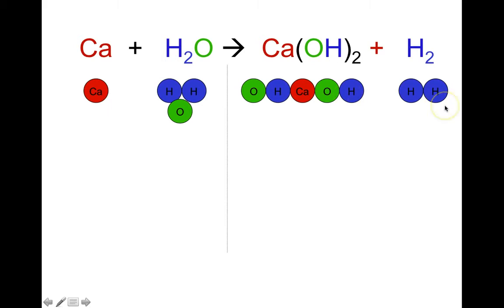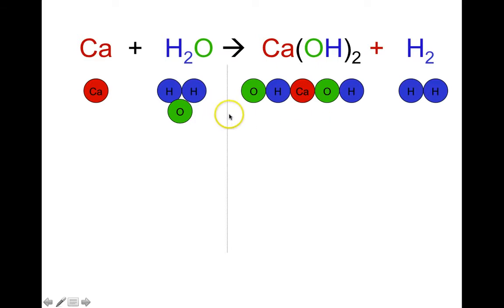So remember, the only thing I can do is add more of something. And I can't add anything except these four options here. I could add more calcium, I could add more water, I could add more calcium hydroxide, or I could add more hydrogen. And by hydrogen I mean a hydrogen molecule. I can't just add a single atom of hydrogen. I would have to add another molecule, H2.